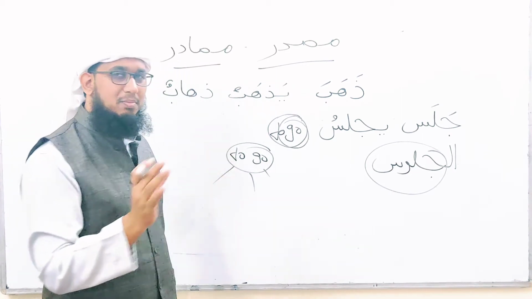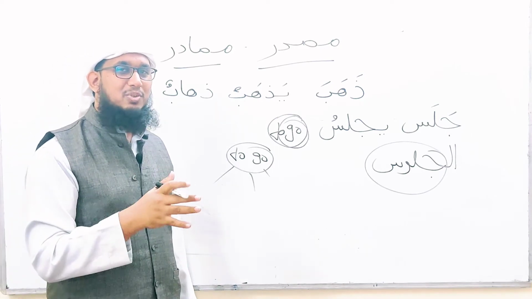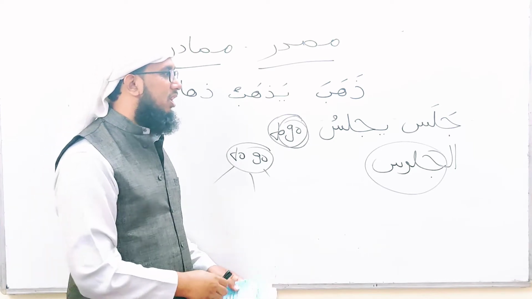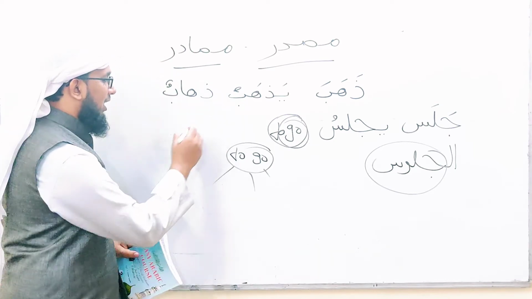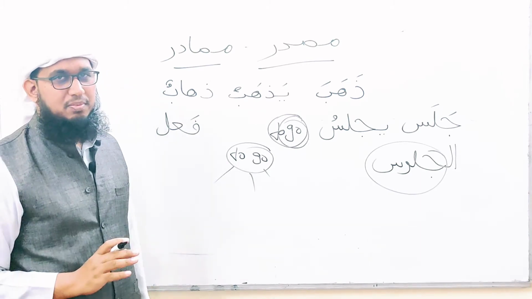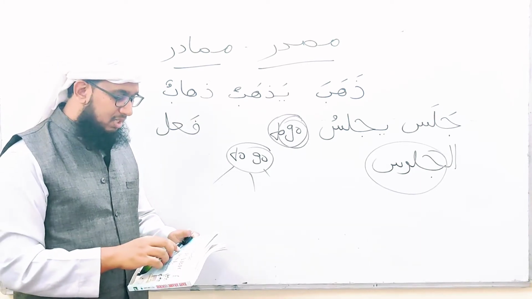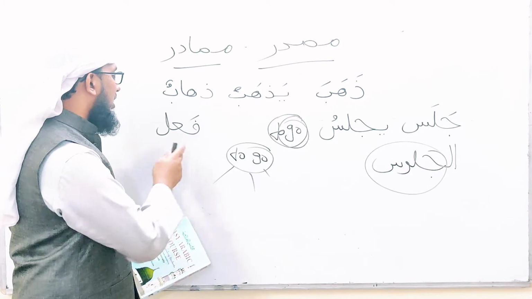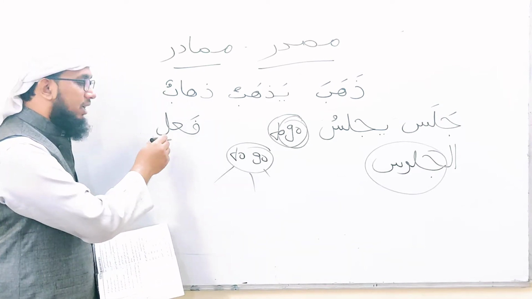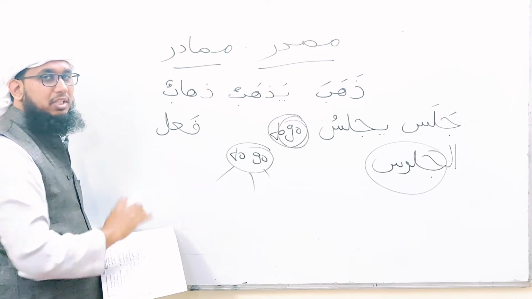Of course, there are some ways for us to scrutinize all the different patterns, especially when the fi'al madi is fa'ala. There are a lot of patterns in masdar for these three letters of fi'al madi.